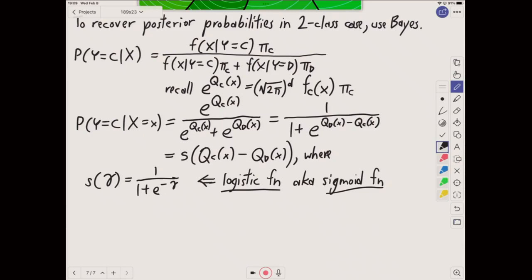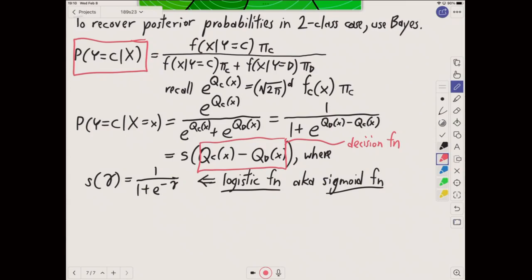So again, what I want to emphasize here is that we started by asking what are the posterior probabilities, and we wound up with this famous sigmoid function applied to the decision function that we're using to do classification. That's a pretty nice, elegant relationship once you get through all the math.